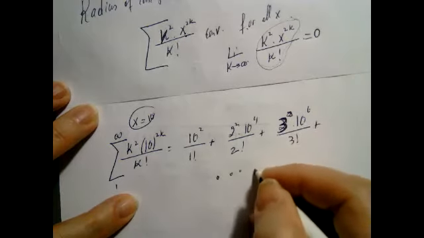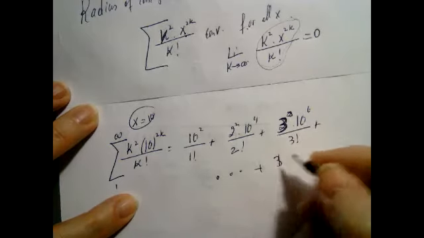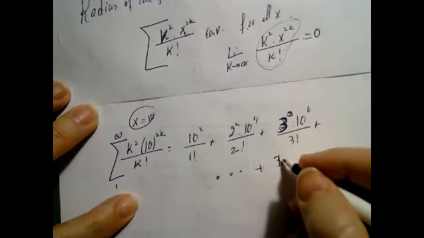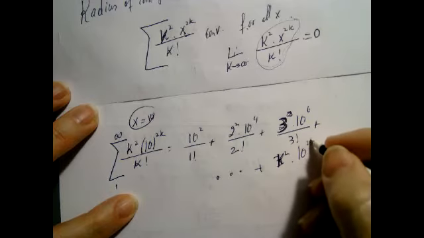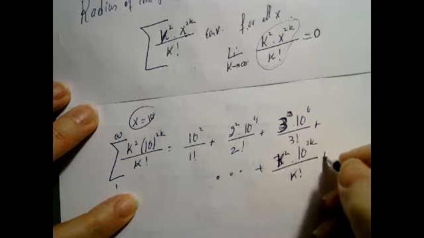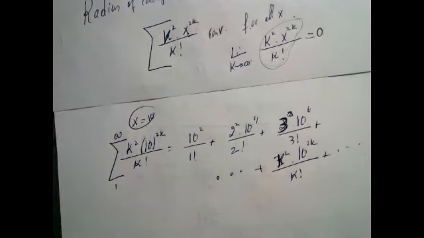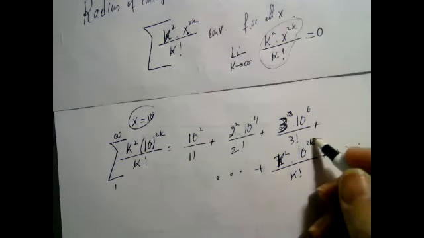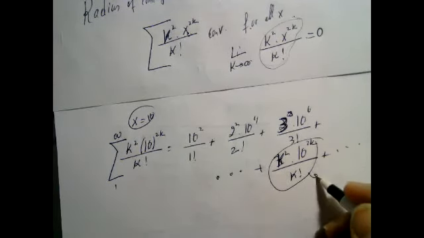And I'm adding those kinds of terms, for general k. If this series converges, it means those terms become very, very small.